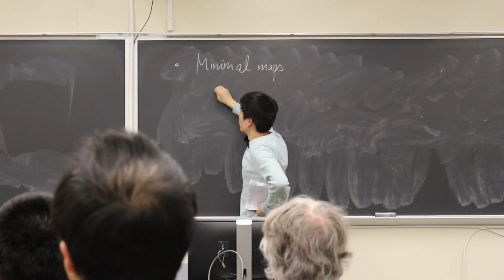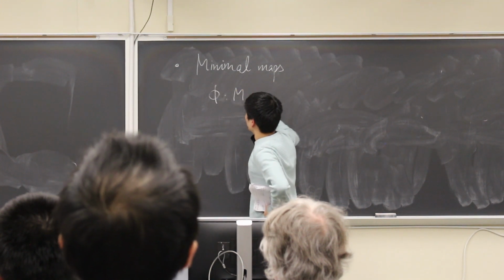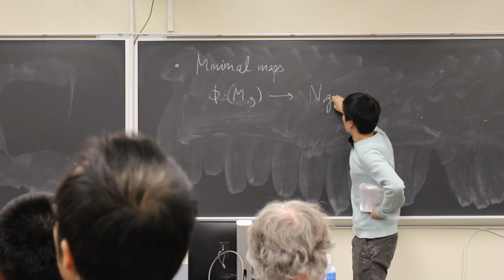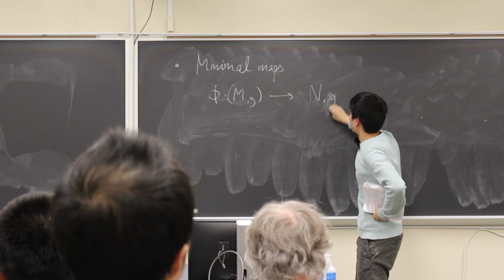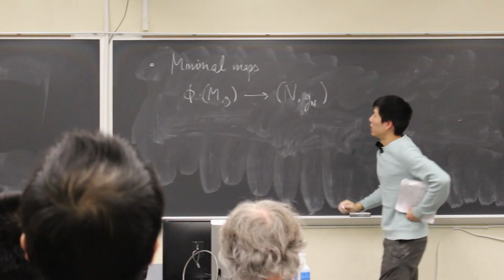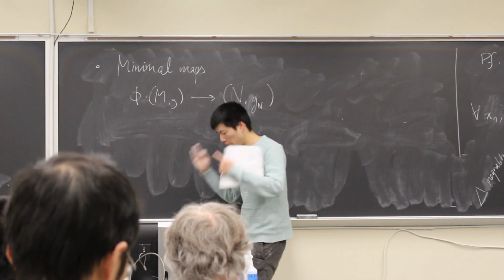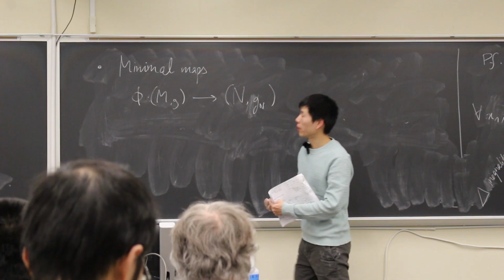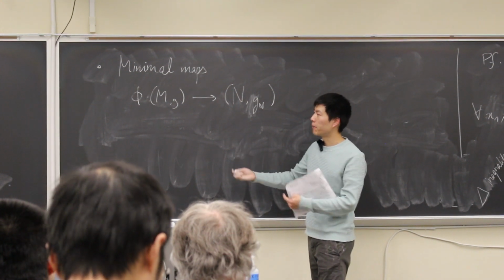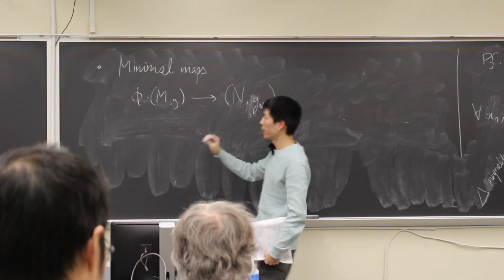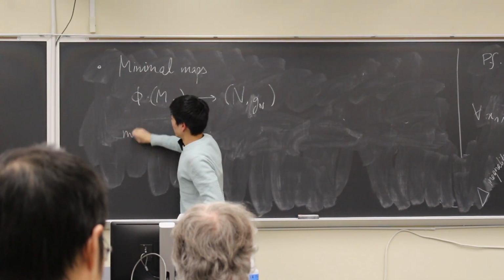So if you now look at a general map from a manifold to another manifold, for the purpose of this talk, I'm going to define minimal as being both harmonic and isometric, a Riemannian isometric.